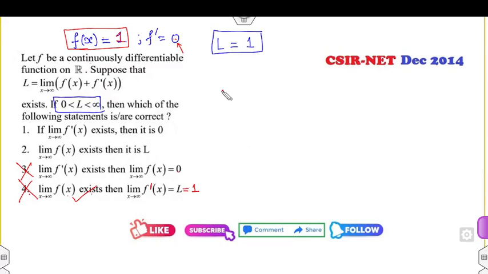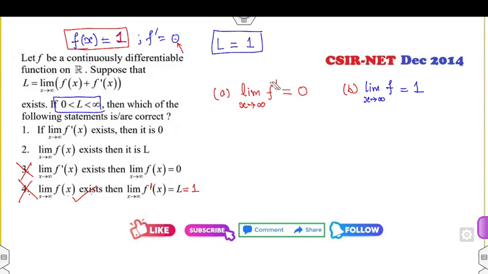Option 1 suggests that the limit as x approaches infinity of f dash exists and is equal to 0, while the second part suggests that the limit as x approaches infinity of f is L, which is 1. If I prove that this is not happening, then the one left behind is the correct option.